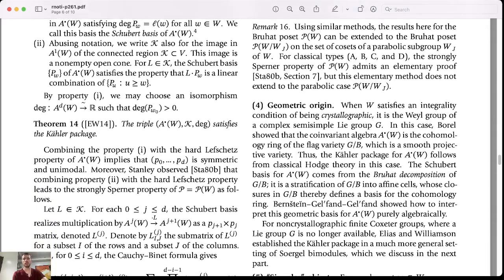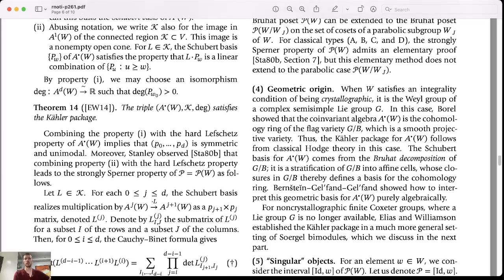Remark: using similar methods, the results here for the Bruhat poset P of W can be extended to the Bruhat poset P of W mod W_J on the set of cosets of a parabolic subgroup W_J of W. For classical types A, B, C, and D, the strongly Sperner property of P of W admits an elementary proof, but this elementary method does not extend to the parabolic case.